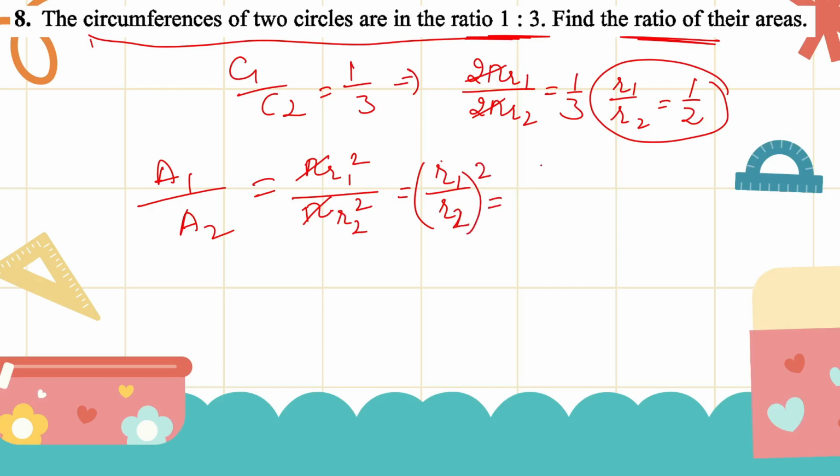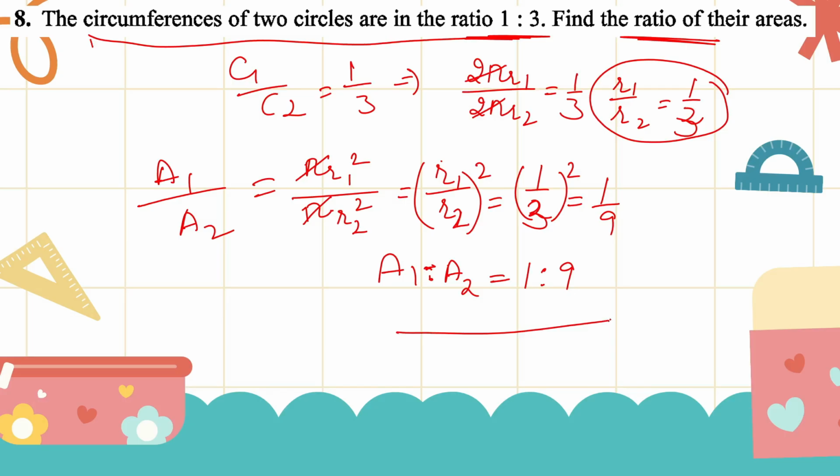Both things are the same, no problem. 1 over 2 square, that is 1 over 2. Sorry, here it is 1 over 3. Sorry for that. 1 over 3. Here will be 1 over 9. And the ratio of areas, area 1 to area 2, is 1 ratio 9. This is your answer.